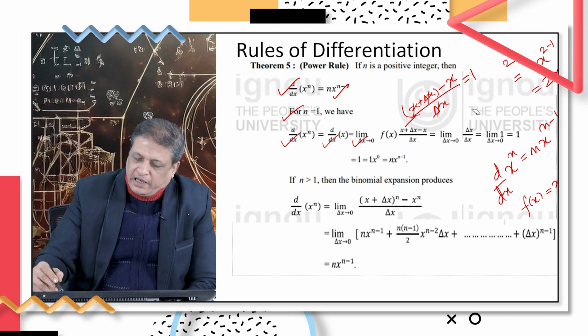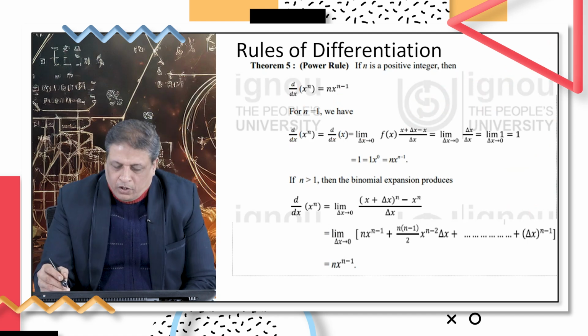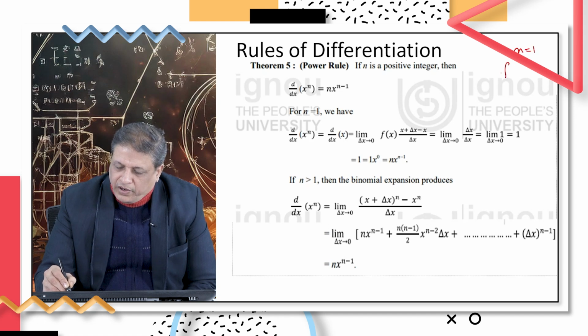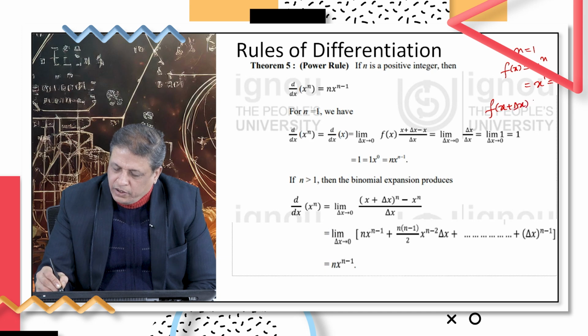For better understanding, let me solve it for you again. Now, for n equal to 1, f(x) equal to x to the power n turns out to be x to the power 1, which is equal to x only. So, that is why f(x plus delta x) turns out to be x plus delta x.